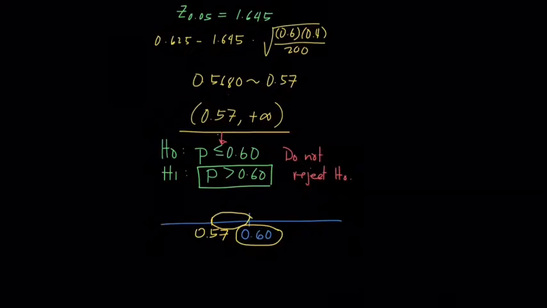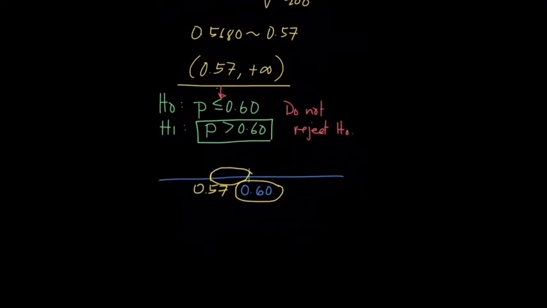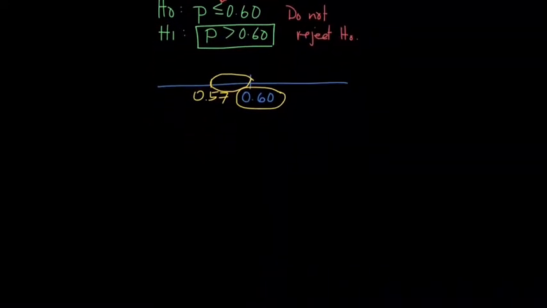But how large can the proportion be? So we are going to make an estimate of that. This is now the second application of the confidence interval, and that is to create a range up to what values we can consider in relation to the testing of the hypothesis, which is alpha equals 5%.